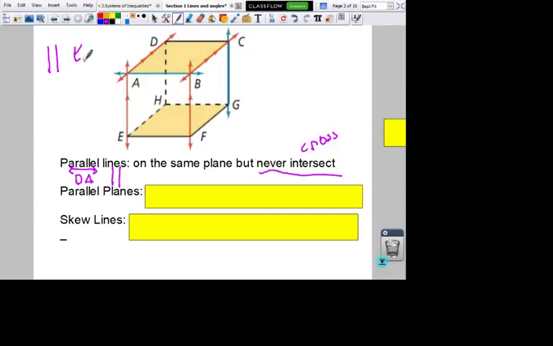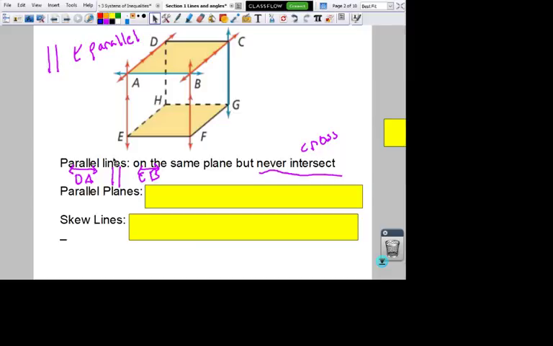So line DA is parallel to line CB. I always think of that because it looks like the two L's in parallel. Two L's in parallel are parallel to each other. It's kind of ironic, I guess.